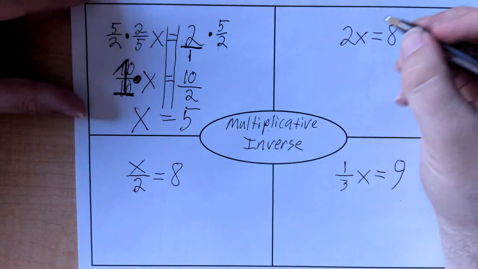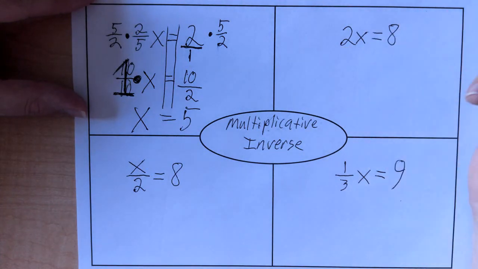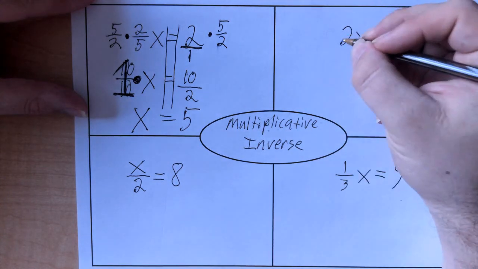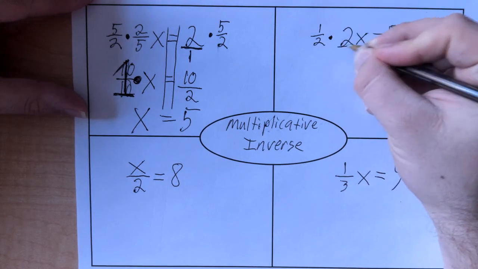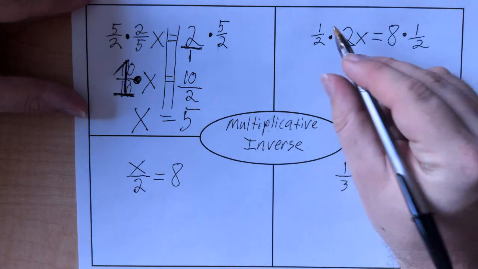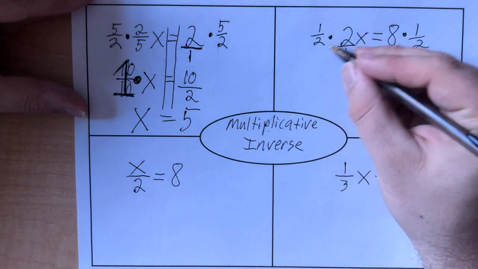Right? Now, I could divide here, which would be the opposite of multiplying, but I'm going to stick to using my inverse. And the inverse of 2 is 1/2, because again, I can think of this as 2 over 1. I'm going to multiply 1/2 times 2, because this is the reciprocal.